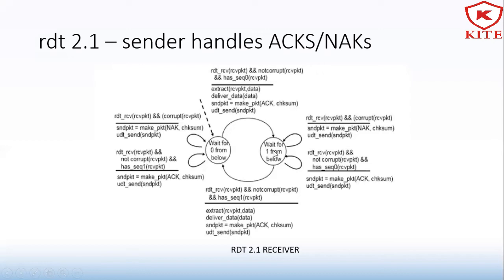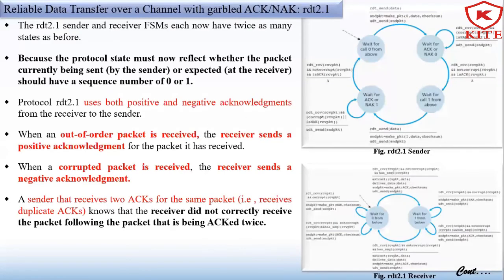Using this protocol, we resolve the error in acknowledgement and negative acknowledgement, and also control packets in sending and receiving transmission. Using this protocol, the state must now reflect whether the packet currently being sent by the sender or accepted by the receiver has sequence number 0 or 1.